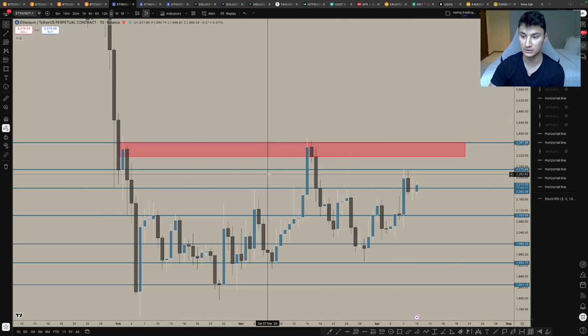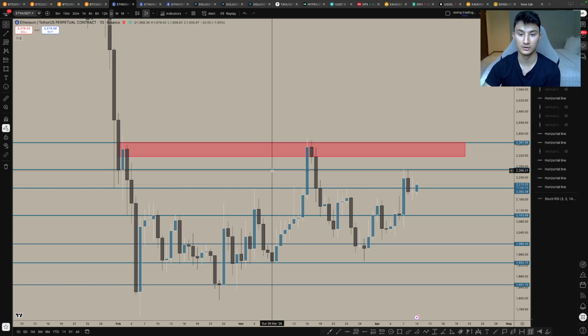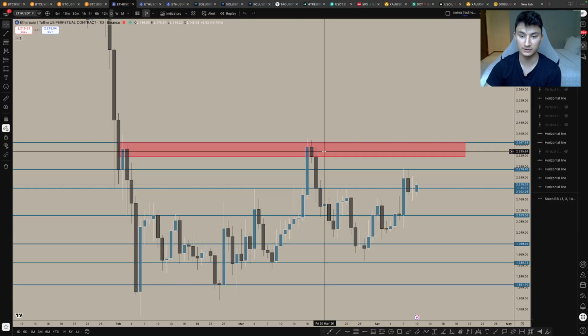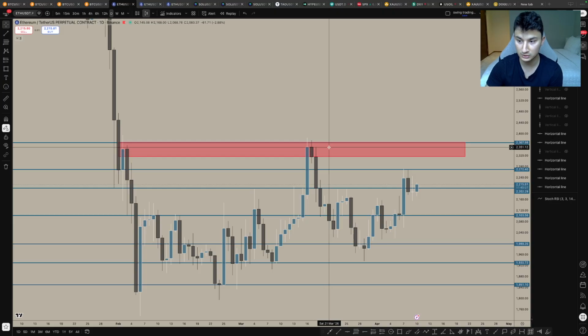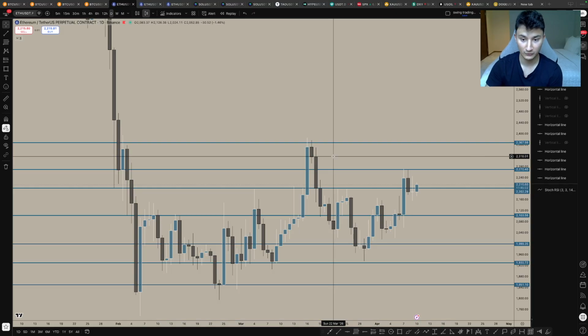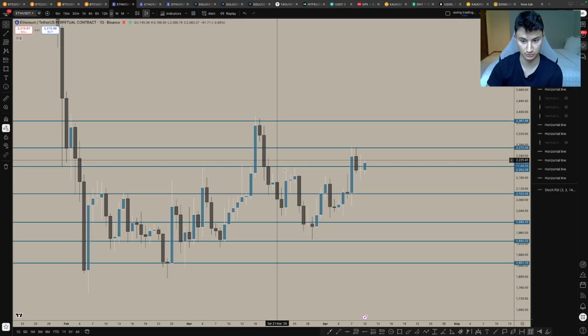This is called a resistance zone. You can see how this wick didn't go all the way to 2370. It went to 2350, rejected, and went back down. So it is a zone, and this is where people make mistakes a lot with SR zones.